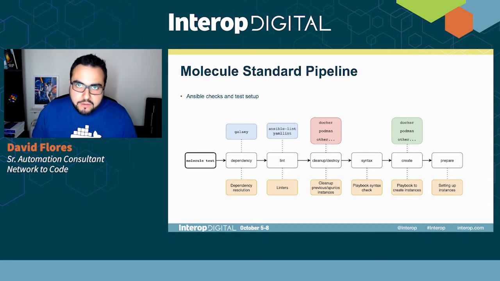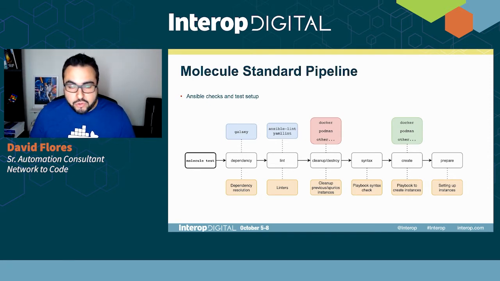And there's a linting phase that calls external commands like ansible-lint or yamllint to validate the playbooks that you're going to run for that test scenario. But this is really powerful in that if you have modules or Python plugins, you can leverage tools like Flake8 or Black inside the linting phase to check those as well.